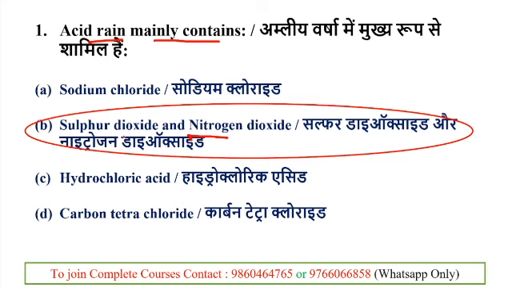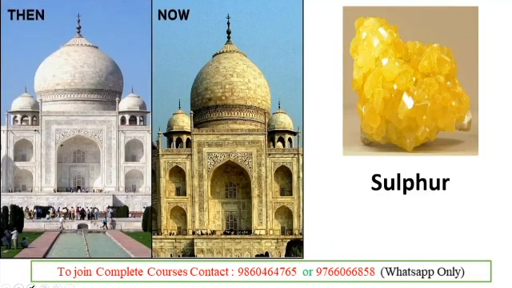It can be remembered by a picture, and this is the picture of the Taj Mahal, one of the wonders of the world. After the acid rain it looks yellowish.